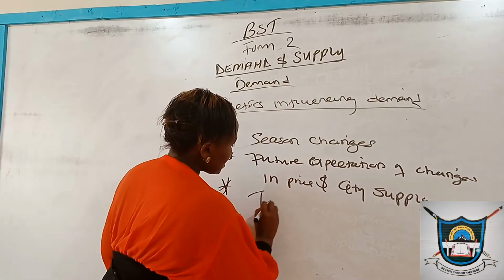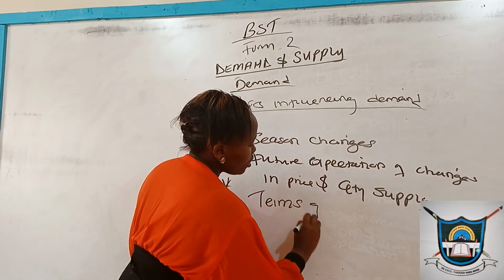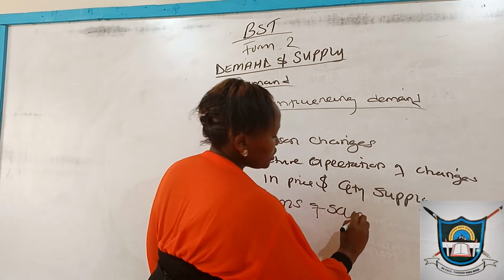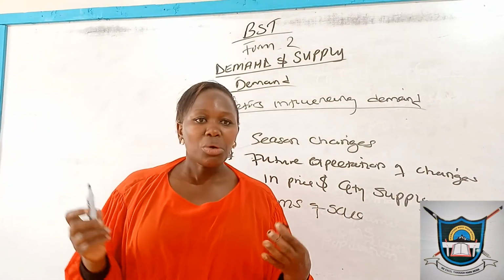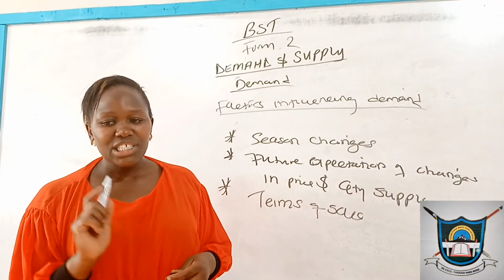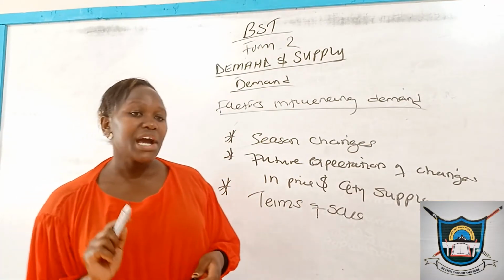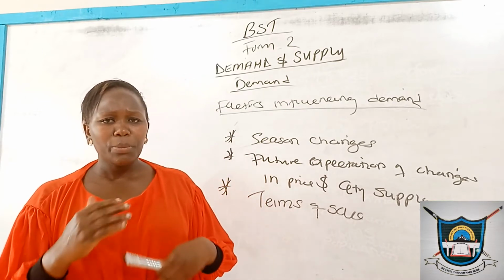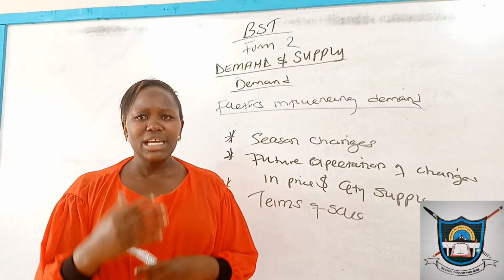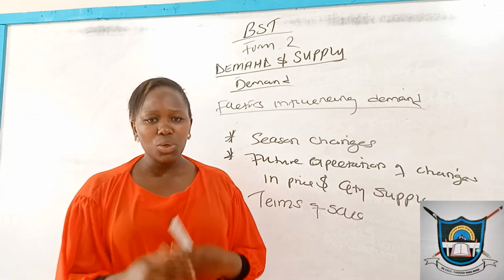The other one is the terms of sale. Now, when we talk of terms of sale here, we talk of credit sale, cash sale, and we also talk of hire purchase. Hire purchase is where you buy and then you pay for the commodity in piecemeal, kidogo kidogo.